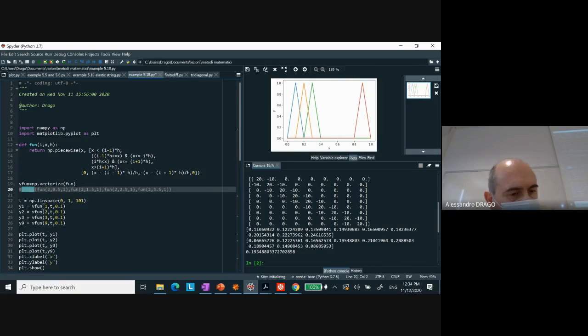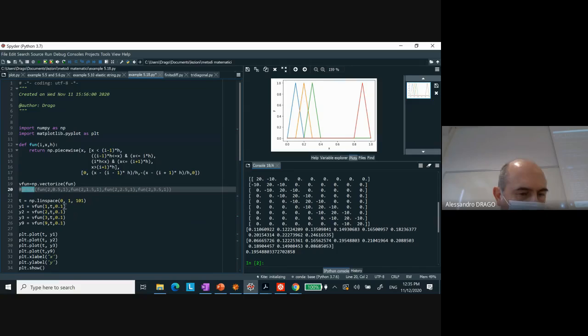And now I am evaluating the function vfun. Recall that fun has 3 arguments. The first argument, i, just tells which of the n-1 functions, the first or the second or the third or the ninth. And I evaluate on t, which is this linspace, and h is, as you recall, the step, the distance between two of those points.